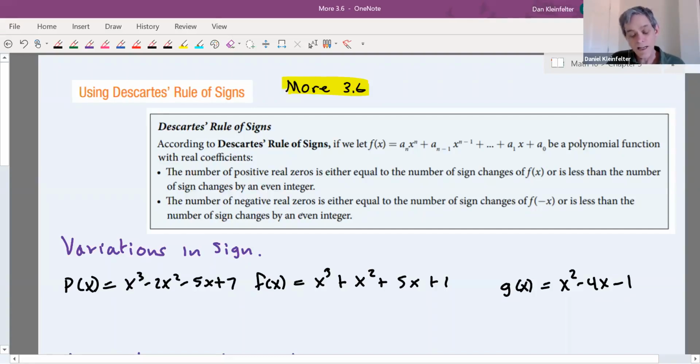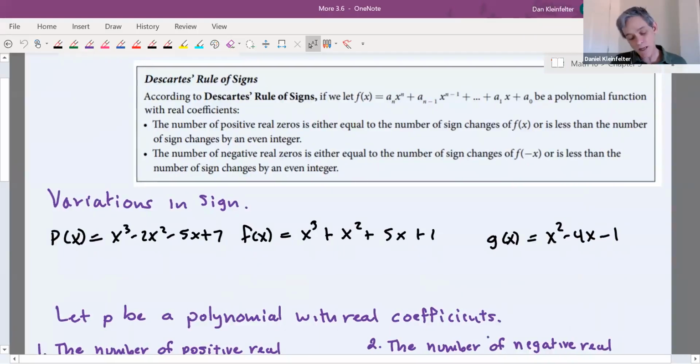Or the number of negative real zeros is either equal to the number of sign changes of f(-x) or is less than the number of sign changes by an even integer. By sign changes, you also hear that it's described as variations in sign. So I need to tell you what is meant by that first, and then we'll see how to actually apply that to Descartes' rule of signs.